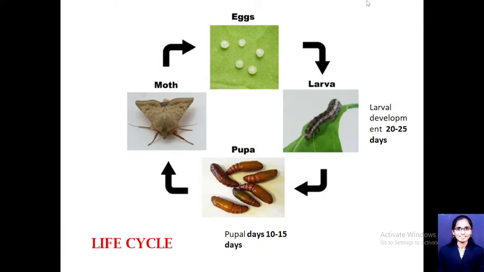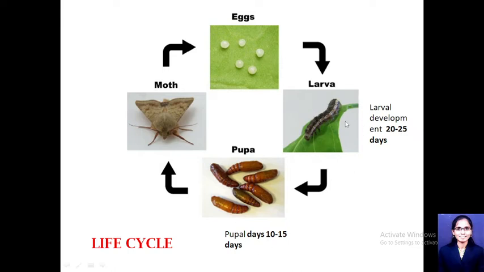This is the adult one. It will lay the eggs. The eggs are slightly spherical and half semicircle shaped in structure, and they are laid on the leaves of the specific host plant. After hatching, the larva comes out from the eggs, and that larva will take 20 to 25 days for its development.